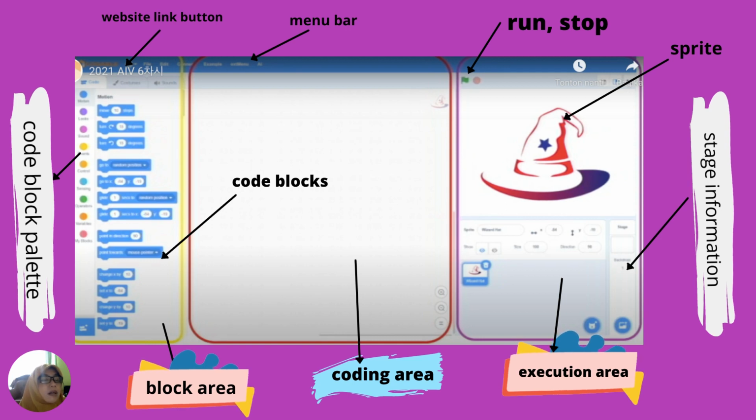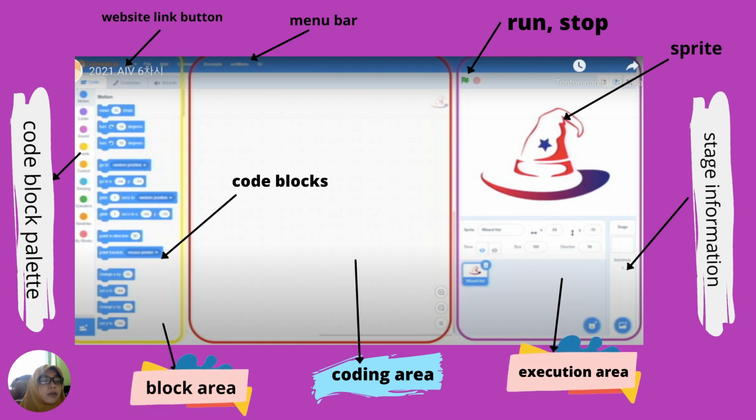So here is the codeWiz board. The Coding School 3 program consists of three areas: block area, coding area, and execution area.